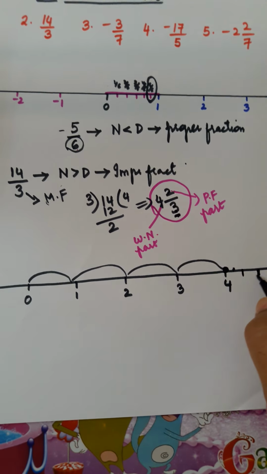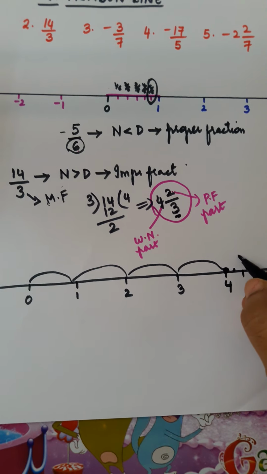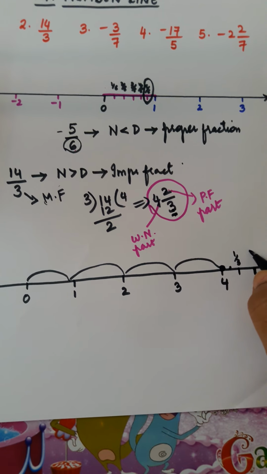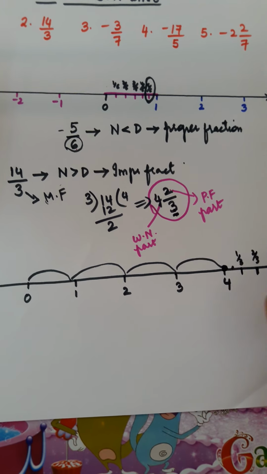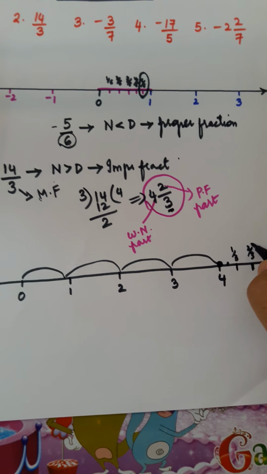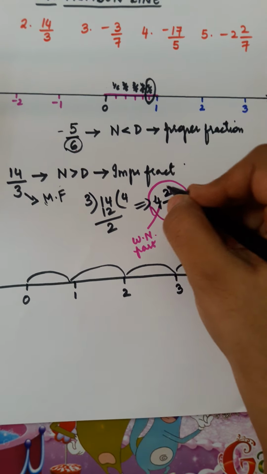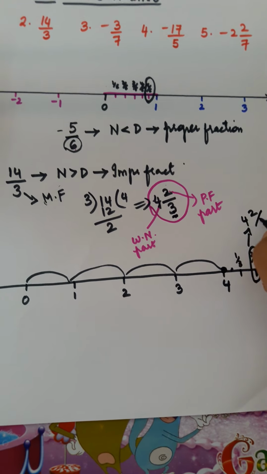This is one part, this is the second part, this is the third part. So 2 by 3 means this is 1 by 3, this is 2 by 3. This is 3 by 3, so this is 2 by 3, the second part. So this is nothing but your 4 2 by 3 part.